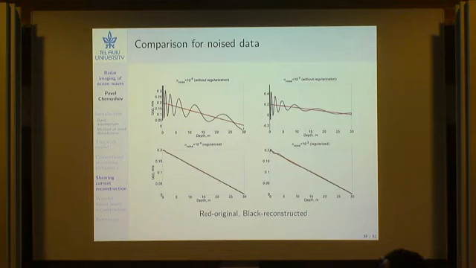You see it's a rather small standard deviation. What is the red line? What is the black line? The red line is the original profile, and the black line is the reconstructed one. And you see with non-regularized data it works pretty badly, and with regularization it's much better.